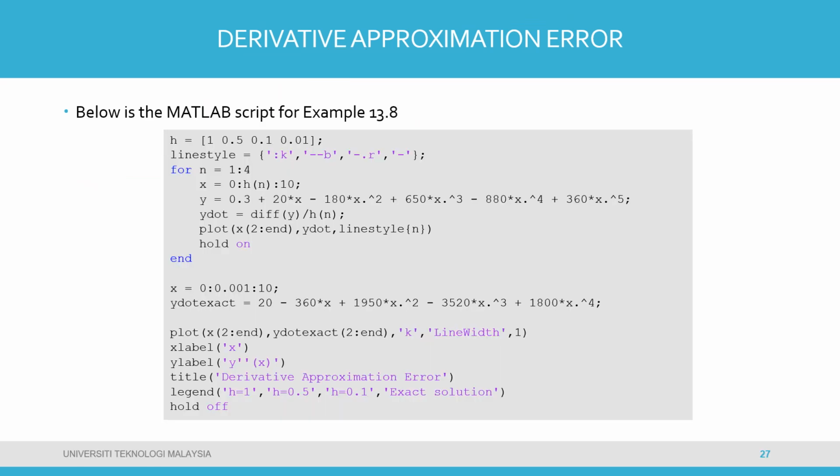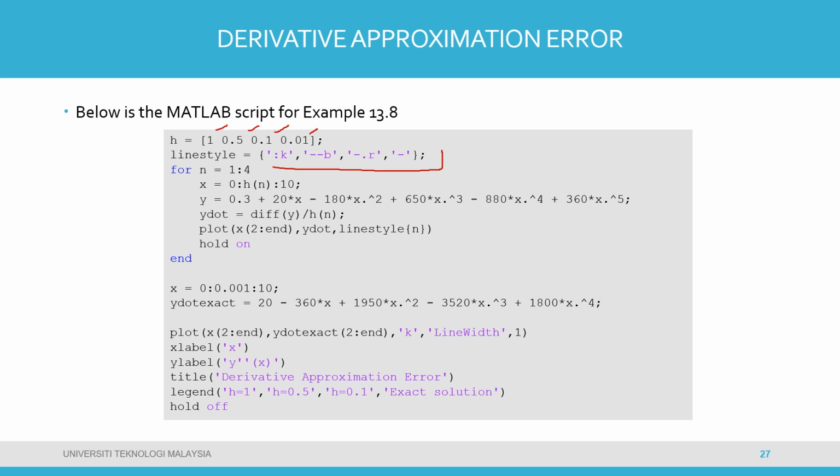So remember, for h you have to try 1, 0.5, 0.1 and 0.01. The line style is just to differentiate the results: k is a black dot, b is blue, and r is red.